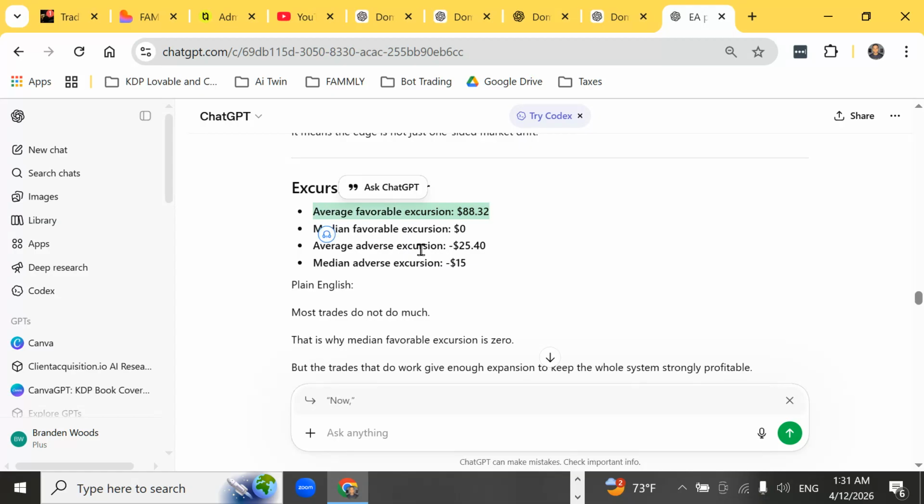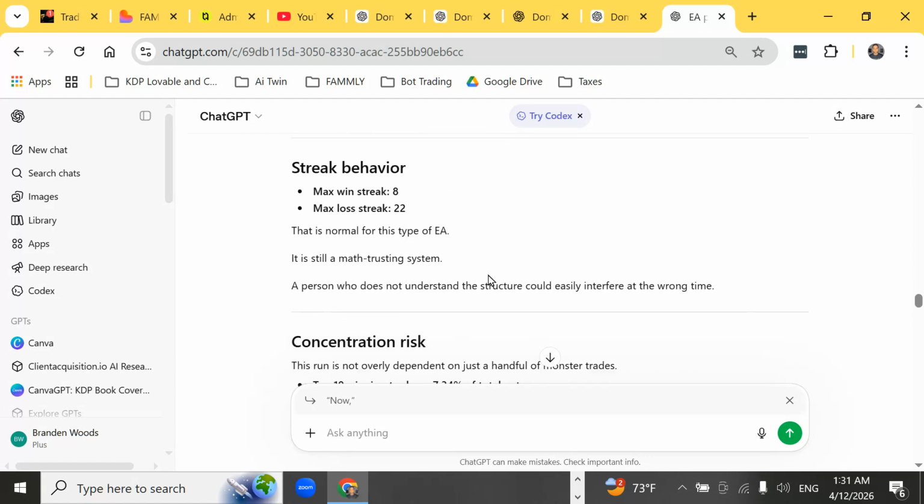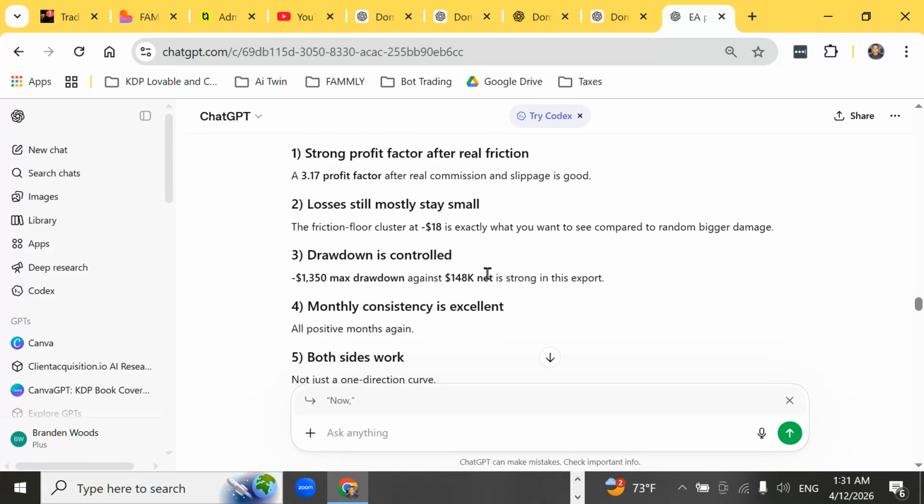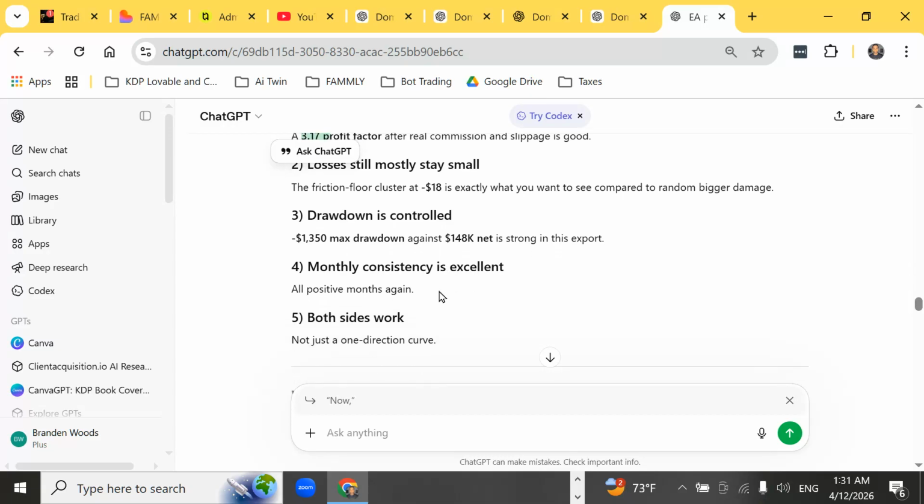It goes in profit on average like this, negative like this, and 3.17. So every $1 that's lost, $3 is gained. So that's really good as well.